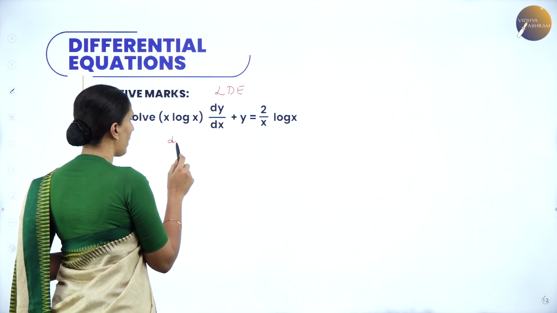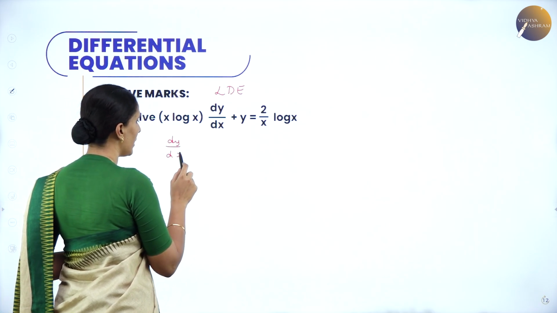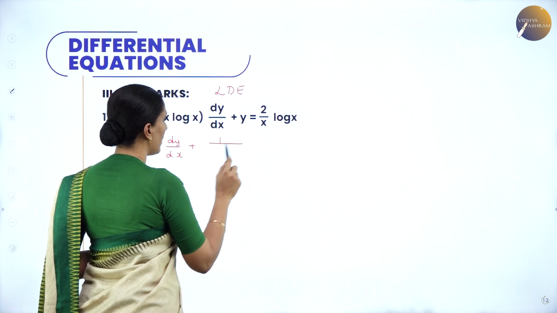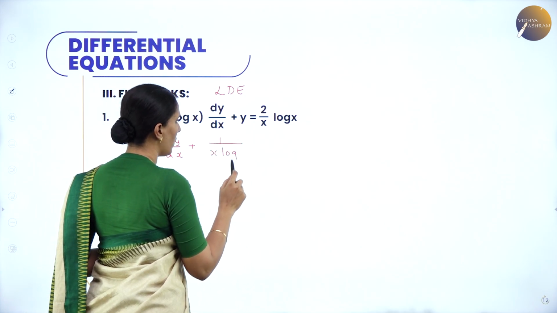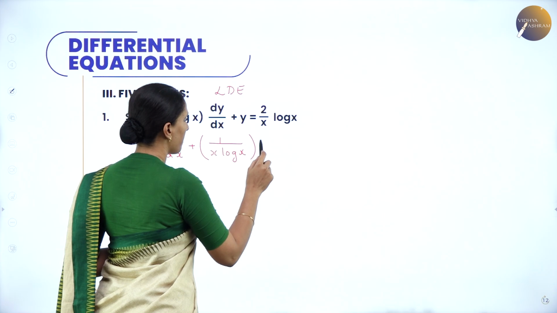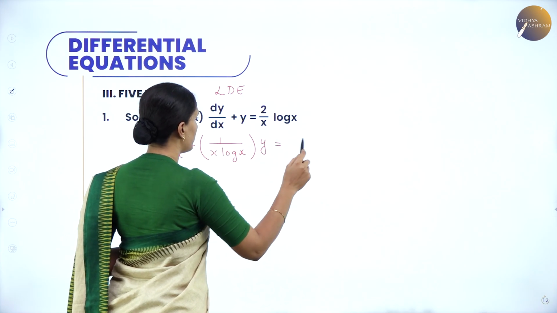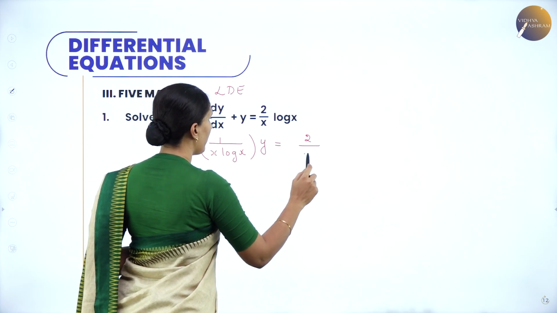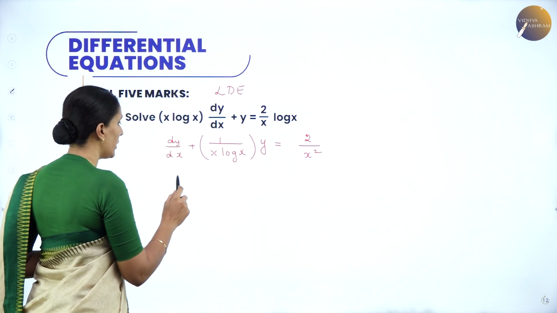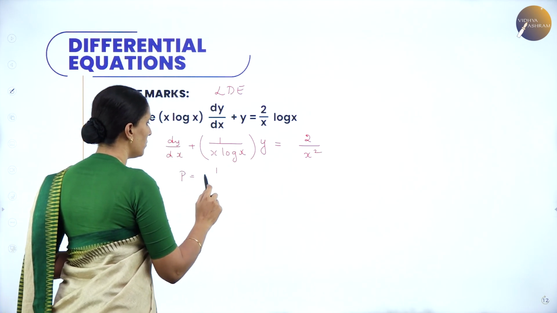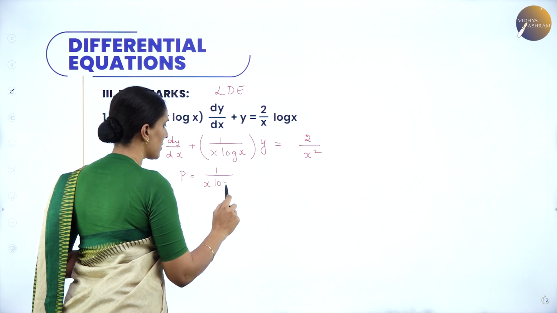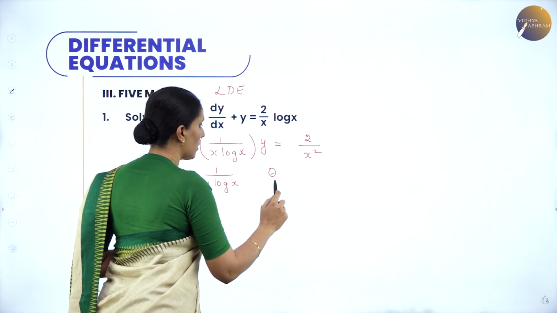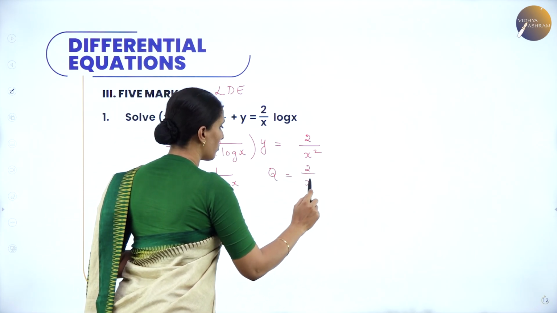When I divide, I'll get dy/dx + (1/(x log x)) y = 2/x². So here P = 1/(x log x) and Q = 2/x².